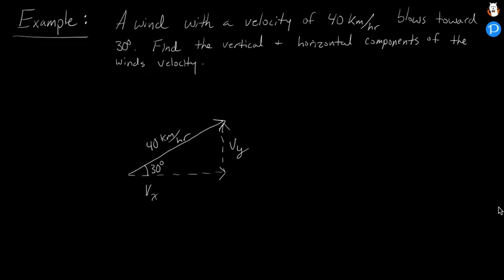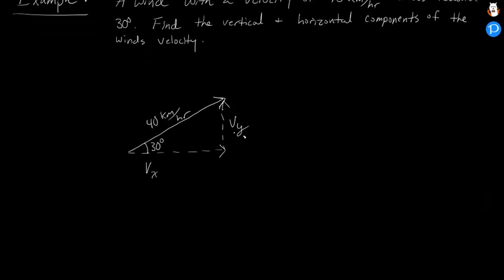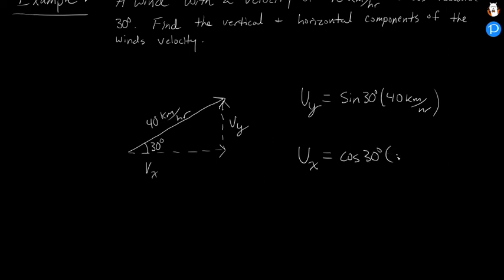So my velocity in the y direction is going to be sine of 30 degrees times 40 kilometers per hour. And my horizontal component, velocity in the x direction, is equal to the cosine of 30 degrees times 40 kilometers per hour.